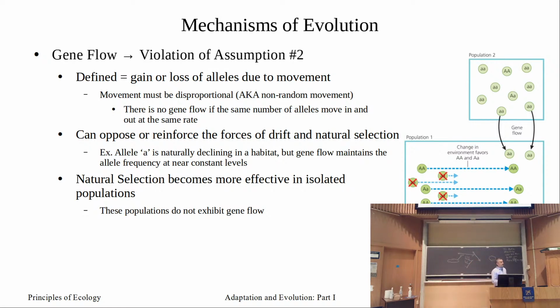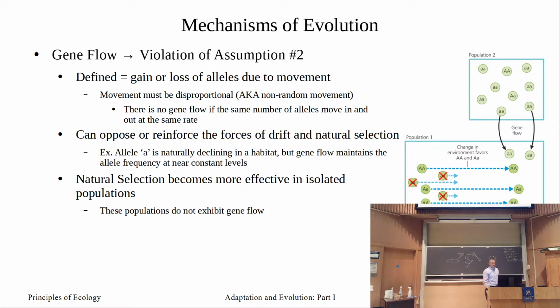So instead of selection almost taking it out, we have gene flow trying to recover it. It also works the other way. So let's say selection is trying to remove that allele. If those individuals sense that they're not doing well in the environment and they move, now we've just magnified the overall effect. We are more rapidly losing that recessive allele.